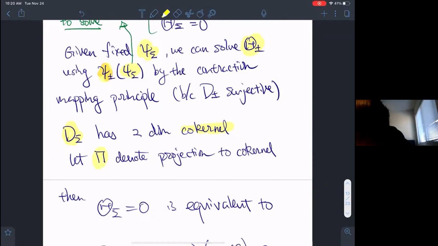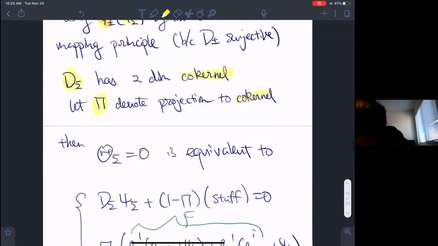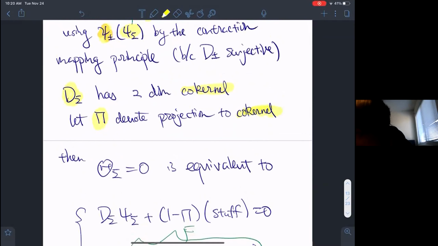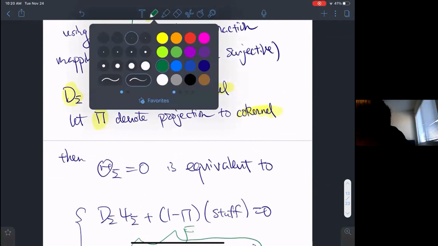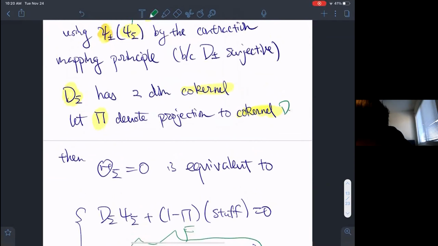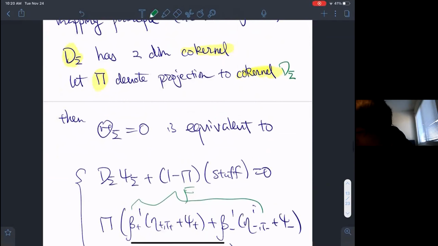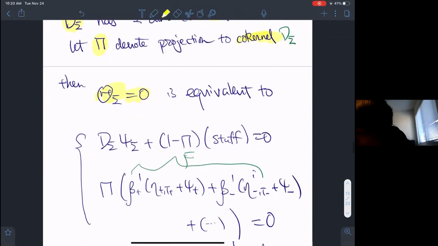So let pi denote the projection to the co-kernel of d sigma. Then this equation, theta sigma equals 0, is equivalent to this.